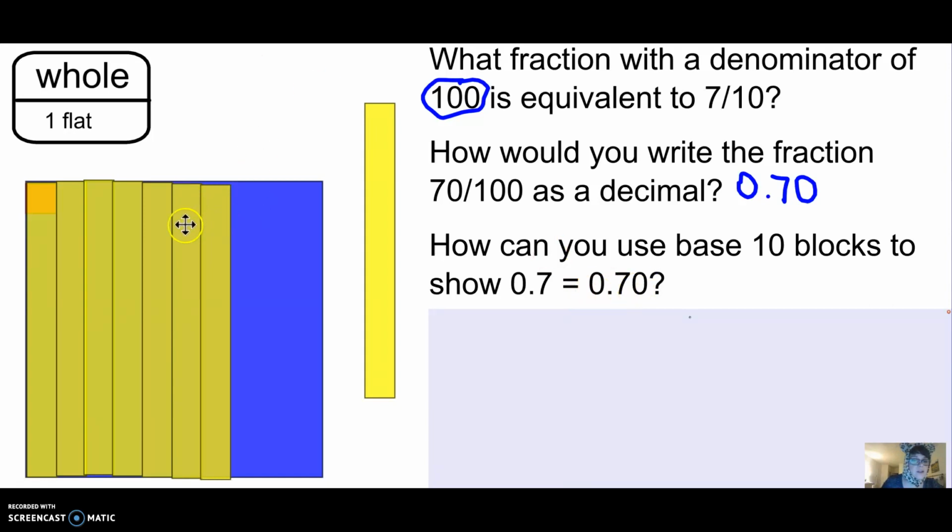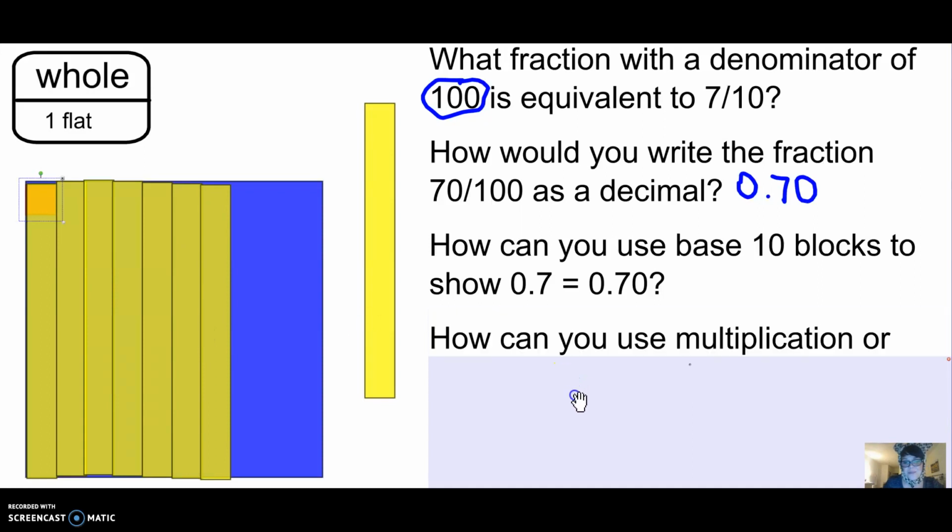We would place our 7/10, and then we would use our cubes, which are the hundredths, and we would place 10 cubes on each of our long, and we would end up laying out 70 cubes on top of the 7/10.